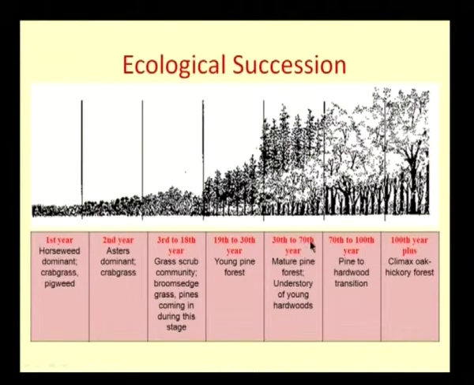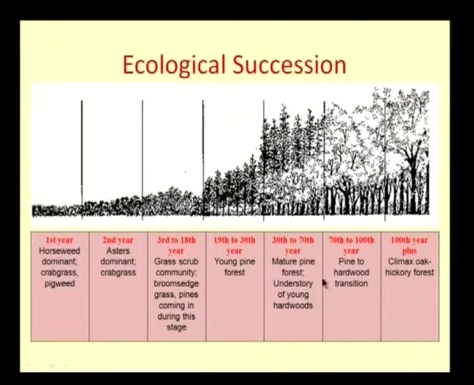In the 30th to 70th year you find a mature pine forest, and under the mature pine forest you find an understory of young hardwoods. Then we move on to the 70th to 100th year. Here you find a pine to hardwood transition.